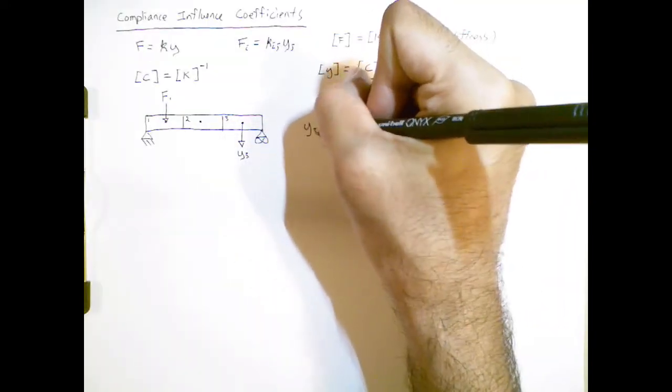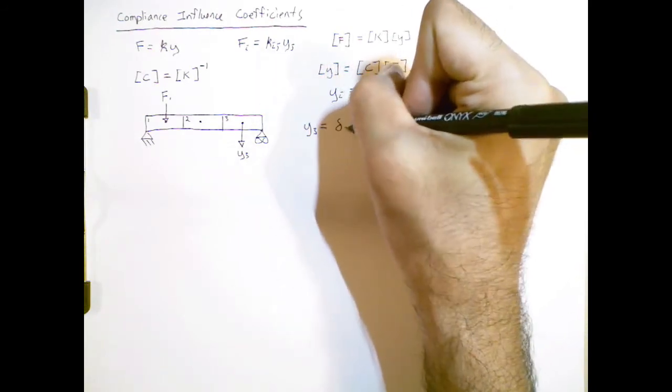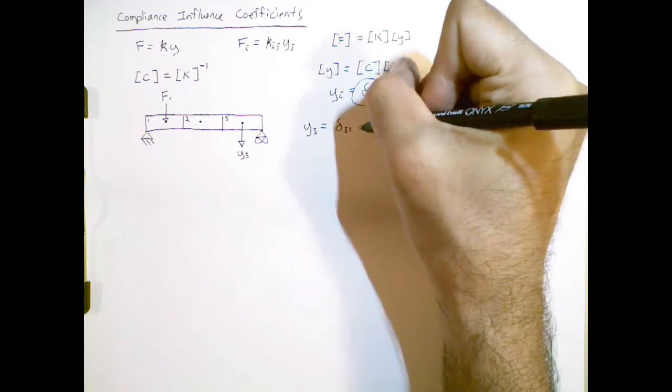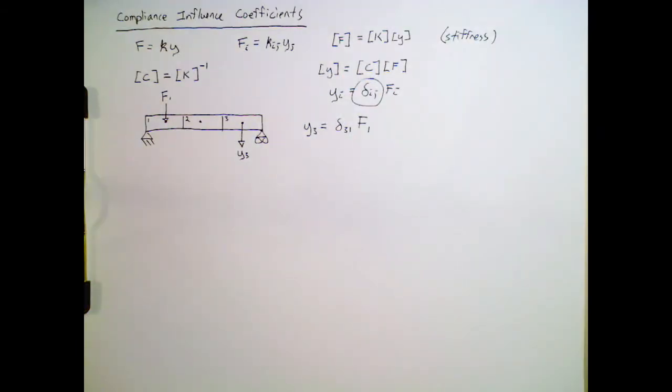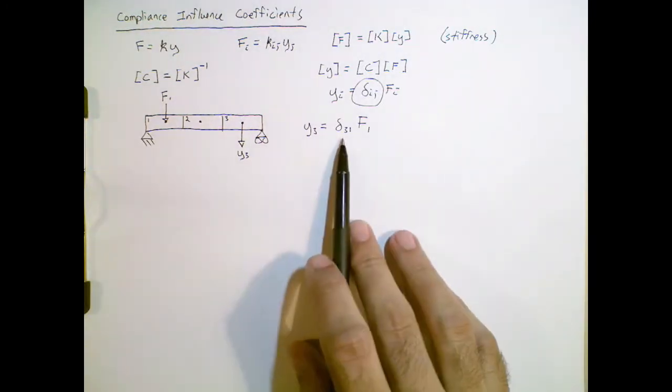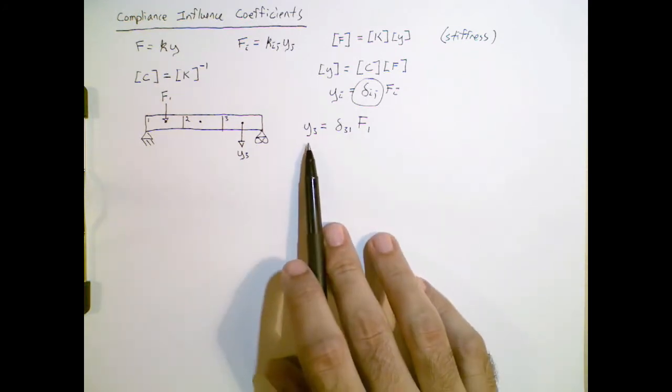I can quantify that using this equation. y_3 is equal to delta_31 times F_1. So this influence coefficient allows us to take the radial force that's applied at segment 1 and calculate what is the displacement at coordinate 3.